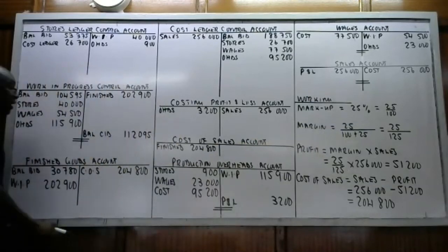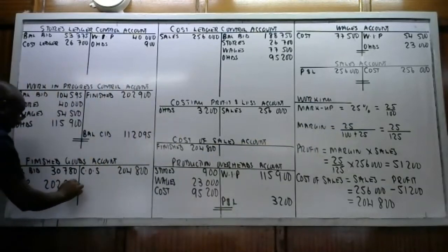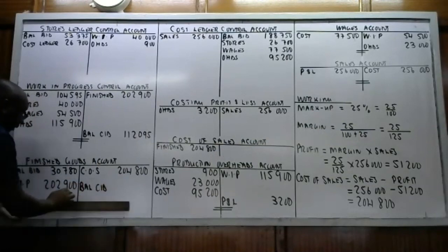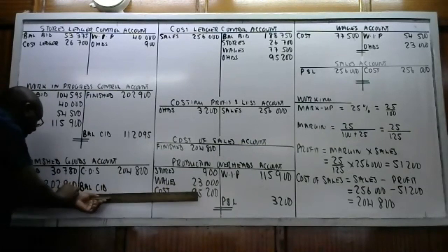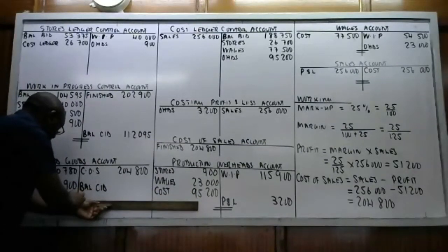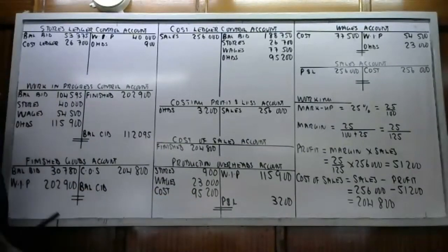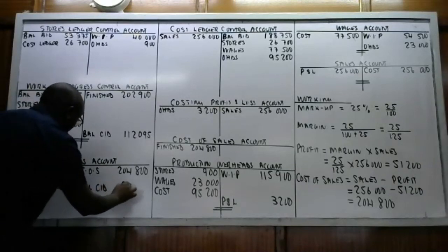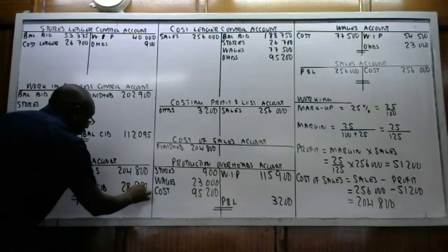So with that done, let's now get the balance carried down, so that we close this account completely. Balance carried down, $28,880.